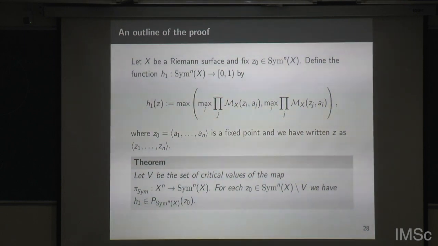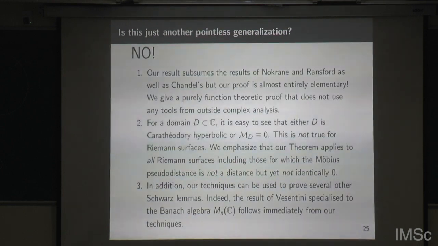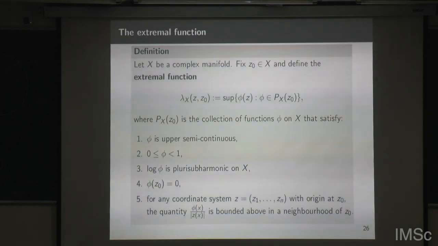Now let me just briefly outline the proof. The essential idea is to use the distance decreasing property. The way I do it is, on the left hand side of what I want to prove is a really complicated object involving the Hausdorff distance. What I do is I create an intermediate object, this function h1. This function h1 has been so cooked up to dominate the Hausdorff distance and at the same time satisfy all the conditions to put it in this collection P_X z0.